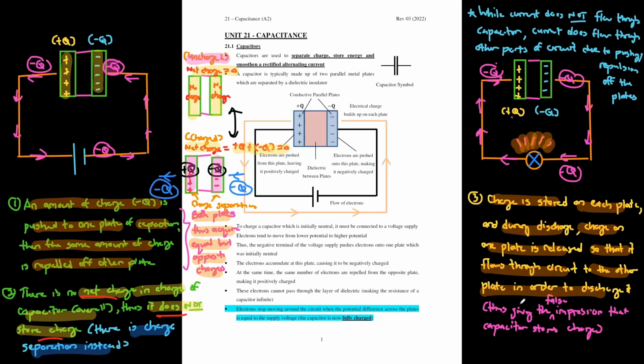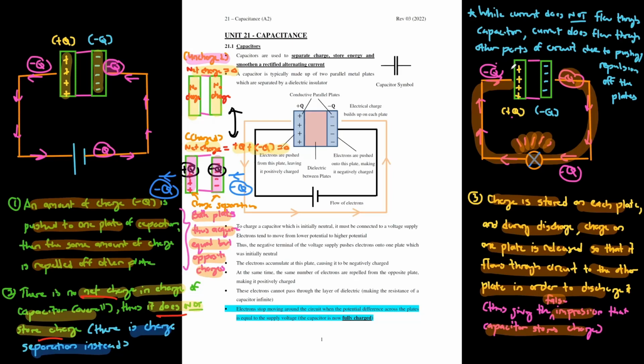This is the reason why you have that false impression that the capacitor stores charge. Whatever charge you originally had here was released so that it flows through the circuit to go back to the other plate and discharge it. That's why people always think from this example that your capacitor is storing charge. It isn't storing charge.